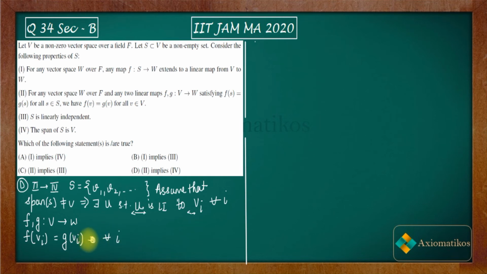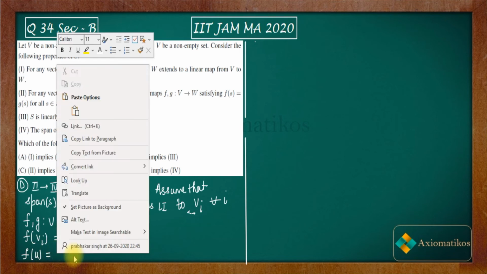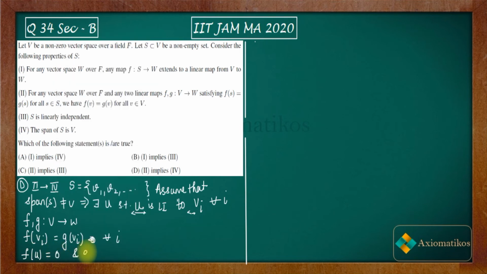This is what you know, because these are the elements inside S. Now your question says then we will have F(v) equal to G(v). But in this case, what I will do is map F(U) to 0 and G(U) to a non-zero element.